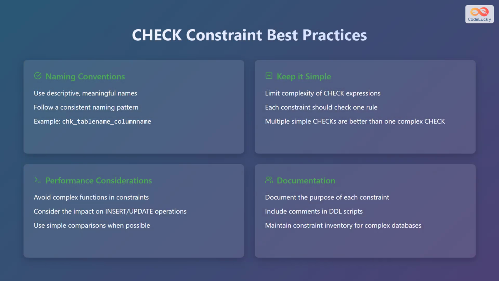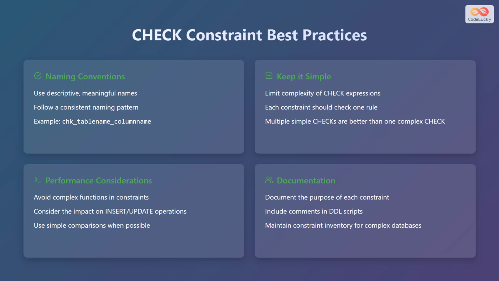Let us explore the best practices. First, let's use naming conventions. Use descriptive, meaningful names. Follow a consistent naming pattern, for example, CHK_tablename_columnname. Next, keep it simple. Limit complexity of check expressions. Each constraint should check one rule.